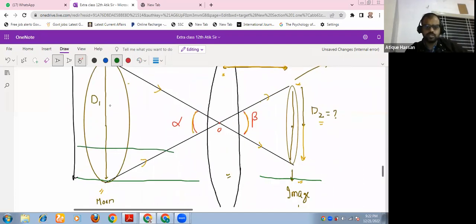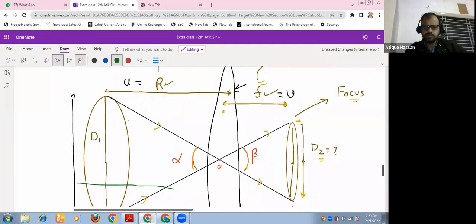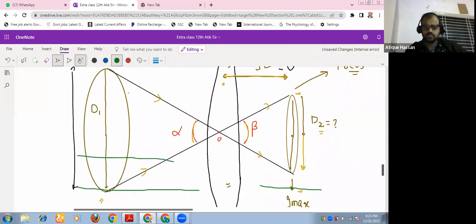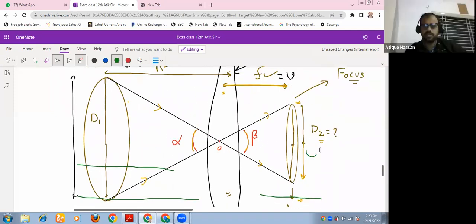Suppose this is the moon and the telescope is used to see the image of the moon. So obviously this distance will be the diameter for sure. Suppose the angle subtended by this is alpha, and the angle subtended by the image is beta. We have assumed that.